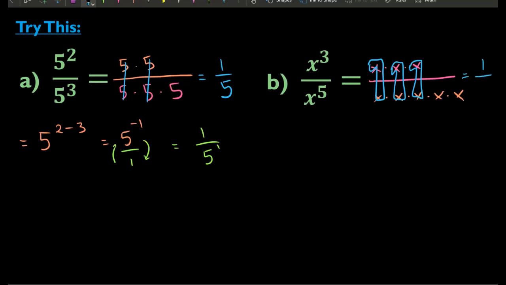In the denominator, you have 2 x's, so x squared is the final answer. Now we can also do x to the third power minus 5, which is x to the negative 2. Negative exponent, you put 1 under and flip it. That will be 1 over x squared, positive, and it matches the top answer.